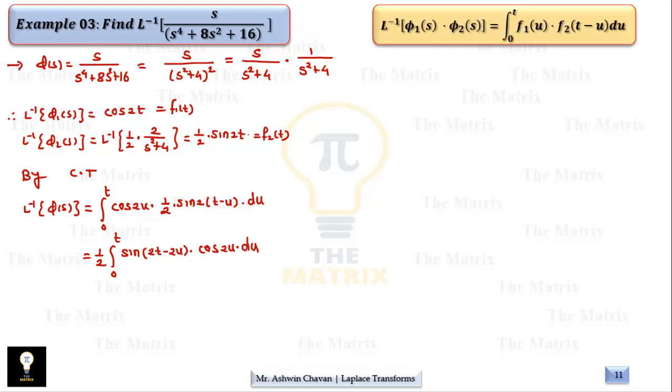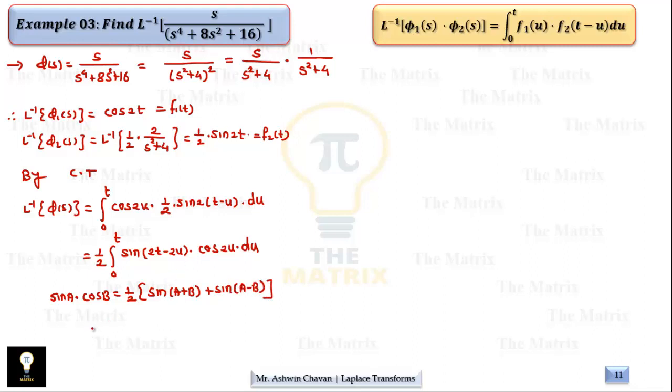This is something in sine A cos B form. We know that sine A into cos B is nothing but half of sine of A plus B plus sine of A minus B. So let's use the formula here.